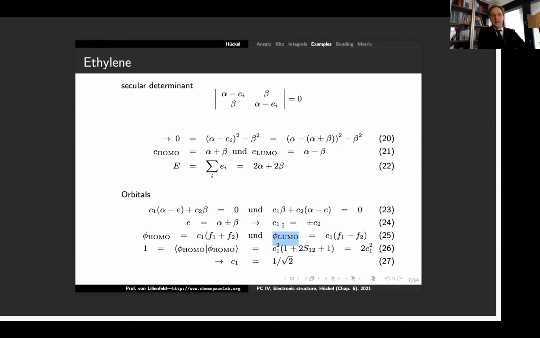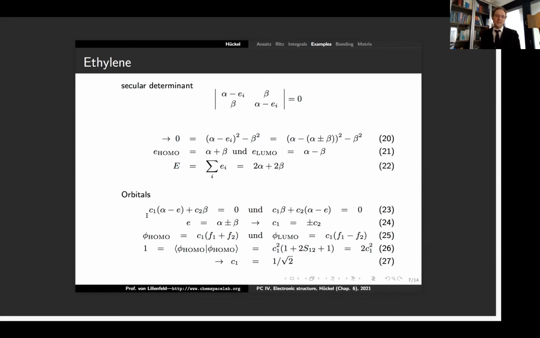Now, because you have only 2 equations and 2 unknowns, they determine each other. It's fully determined up to a scaling factor, right? So we cannot resolve our C1 here. We only get the ratio between the 2 coefficients. And we have to use the normalization constraint here to fully determine then all coefficients, right? So the procedure is that you first insert the eigenvalues from your secular polynomial.